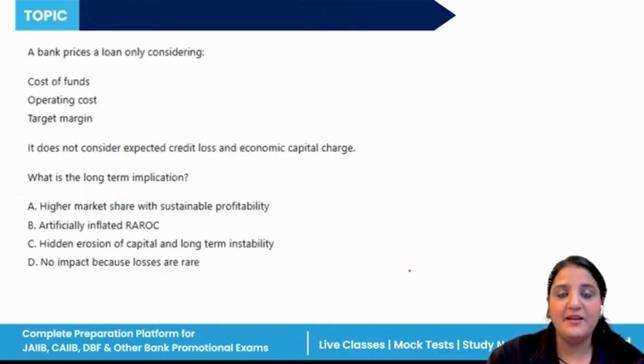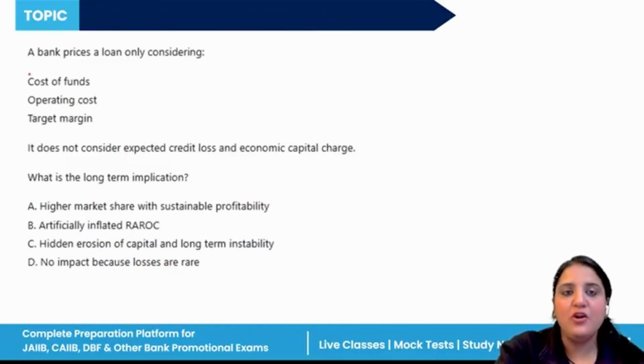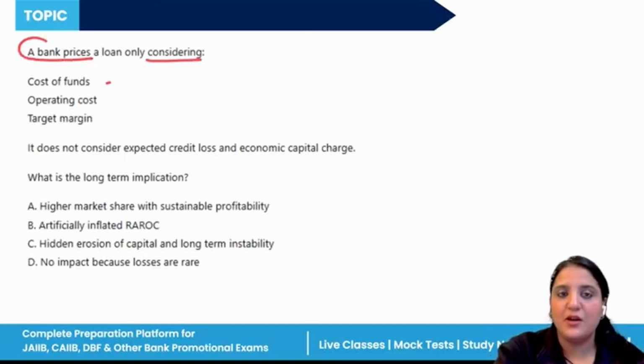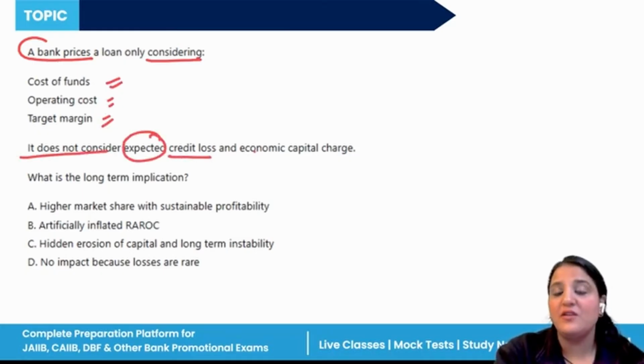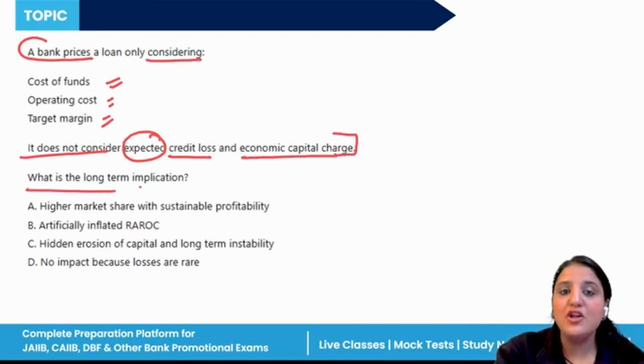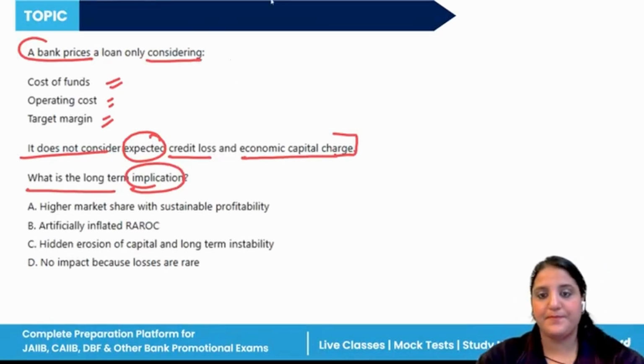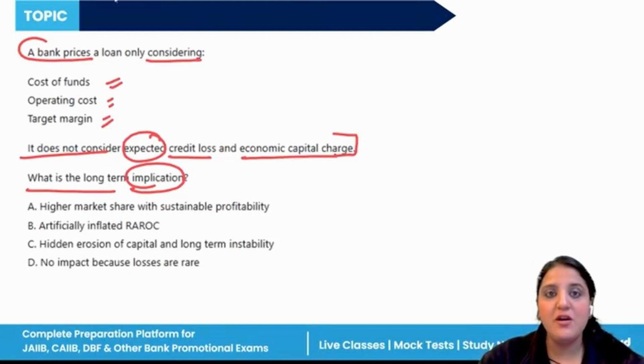Say a bank prices a loan only considering the cost of fund, operating cost, and target margin, and does not consider expected credit loss and economic capital charge. So what is the long term implication in that case?